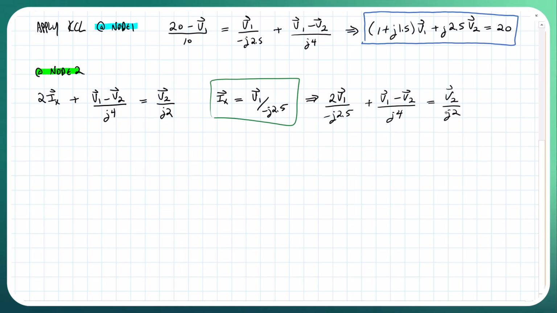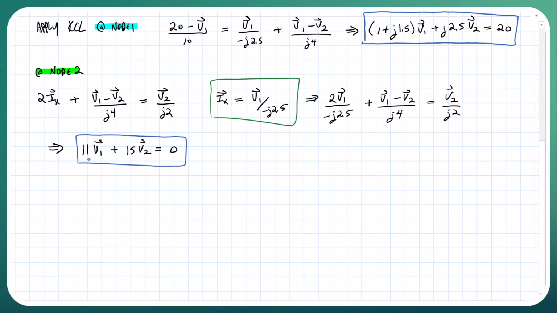And then we can simplify this, and I'm going to write it over here. We simplify, we get 11 V1 plus 15 V2 equals 0. And then we're going to use this equation in combination with the other equation to come up with the final solution.